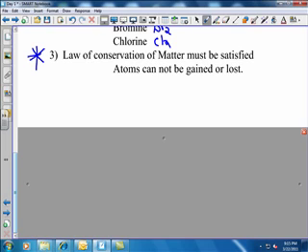And that law comes into play when we do balancing equations. Just as a point of reference, the law of conservation of matter can also be referred to as the law of conservation of mass. And also to remember, that law means that mass cannot be created or destroyed. So that means you can't lose atoms along the way.